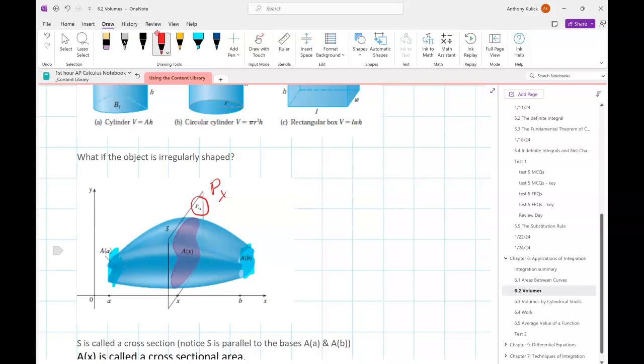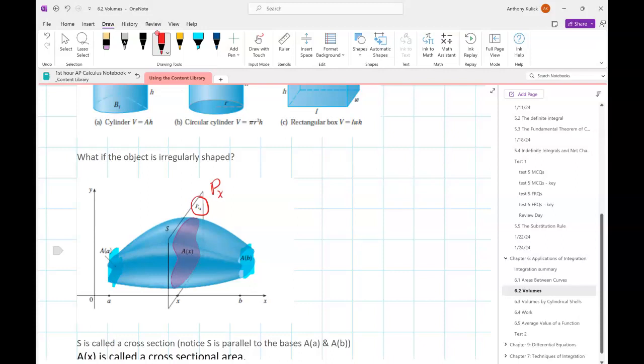So we can't create a closed form formula the same way that we did before, because the cross-sectional area is different at any slice between the two bases, or that's parallel to the two bases. So what are we going to do then?